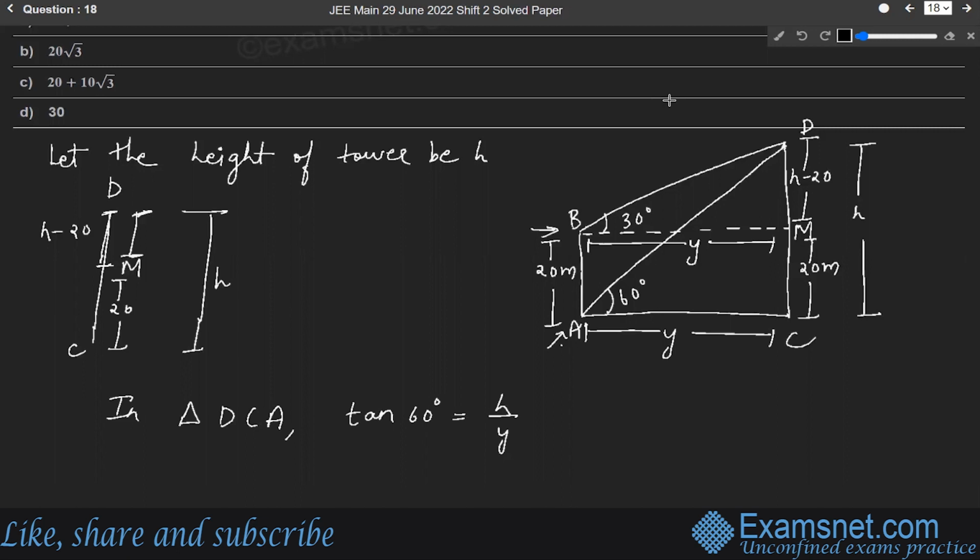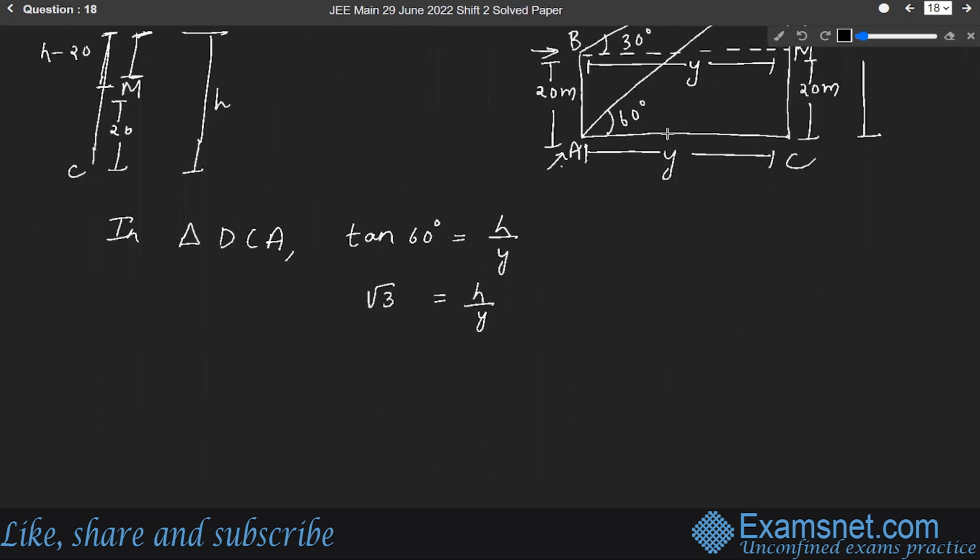In triangle DCA, the perpendicular is H and the base is Y, so tan 60 is equal to H upon Y. The value of tan 60 degrees is root 3. So root 3 is equal to H upon Y, which gives Y root 3 equals H, and Y equals H upon root 3. Consider it as equation 1.